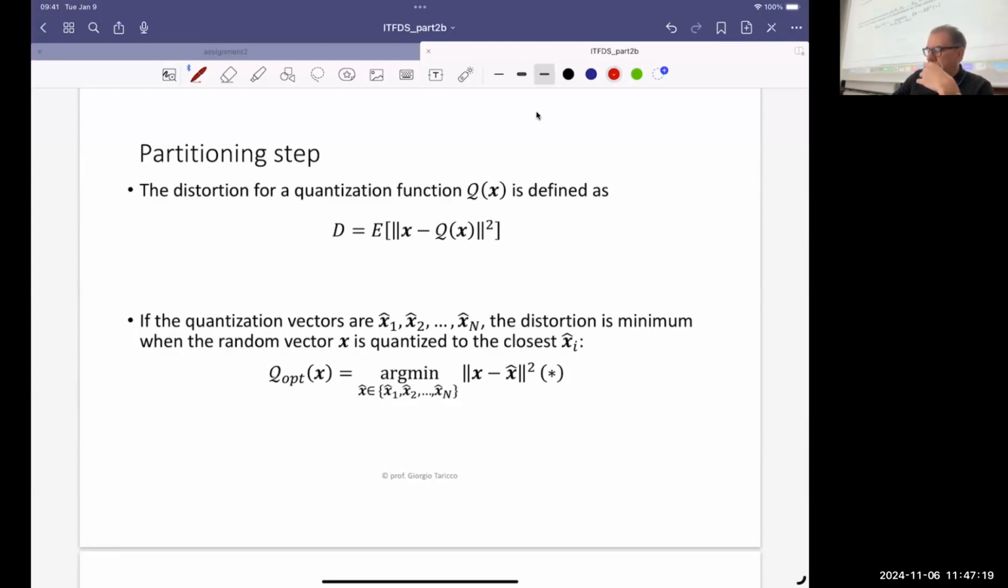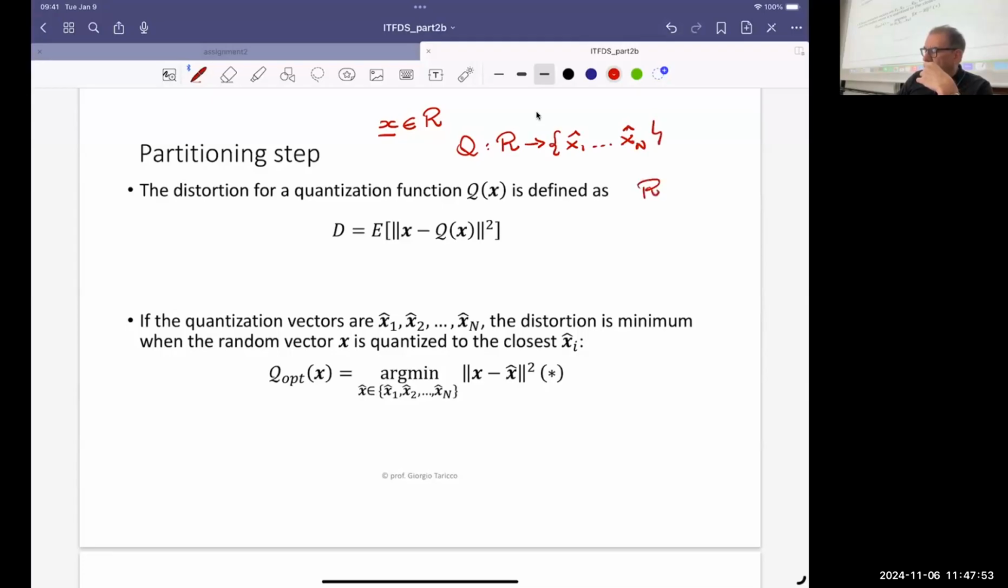In other words, your random vector x belongs to a certain region, R. The quantization function, Q, maps R into a set, and this set is represented by n quantization points.